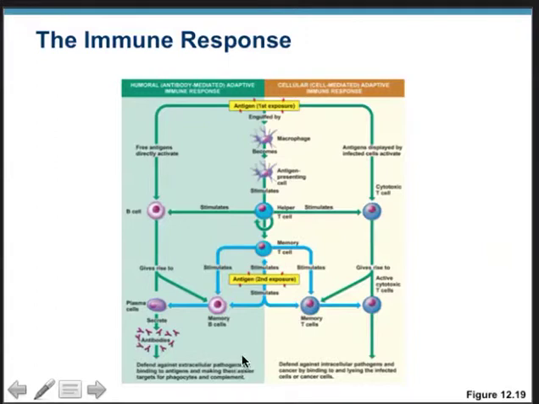And of course, throughout this entire process, we're constantly generating memory B and T cells to stand guard should that exact same pathogen ever show up again.